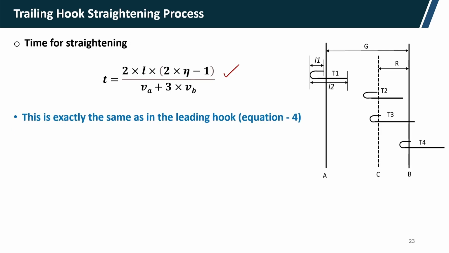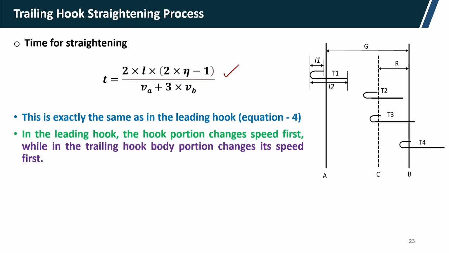This is exactly the same as the leading hook equation 4, except that in the leading hook case the hook portion changes speed fast, while in the trailing hook case the body portion changes speed fast.